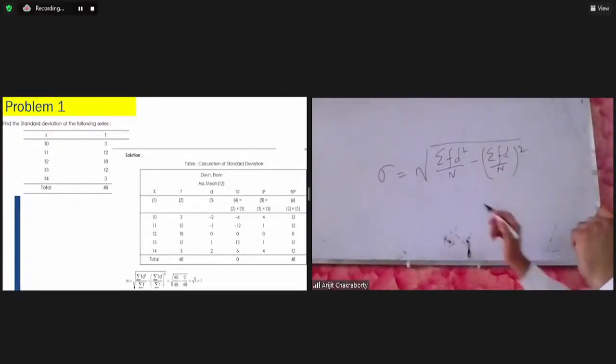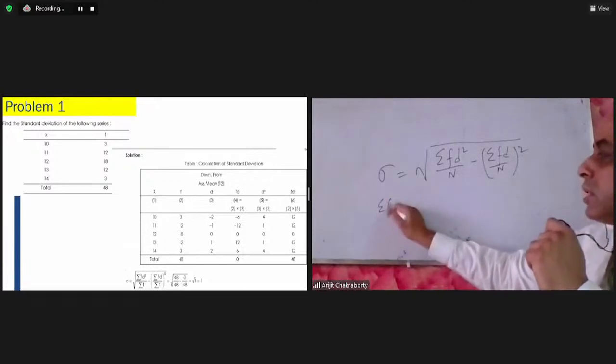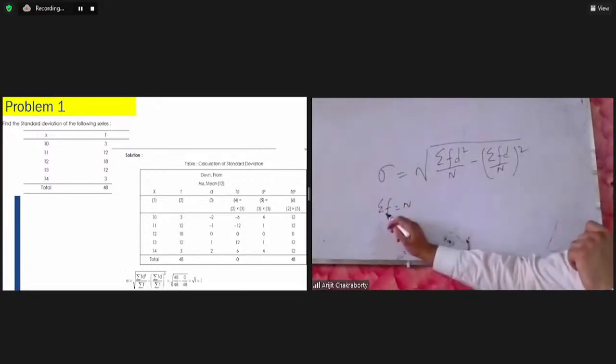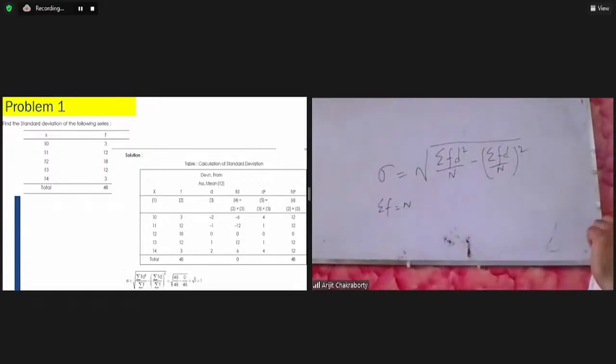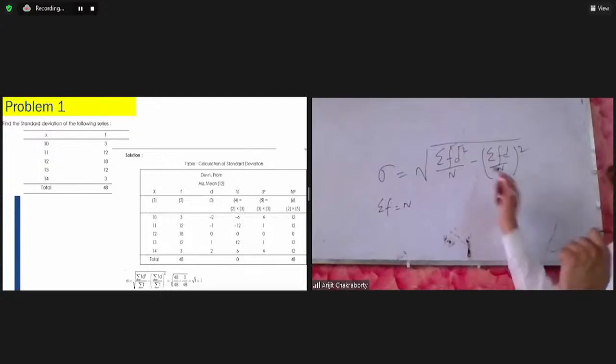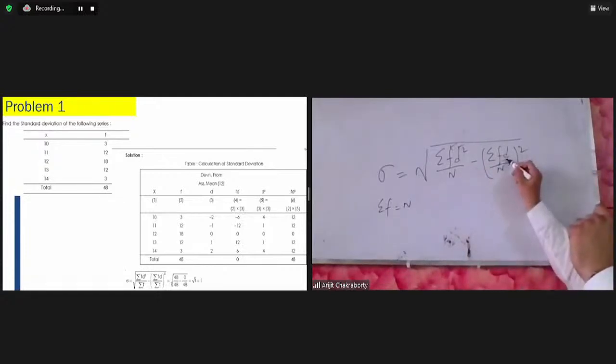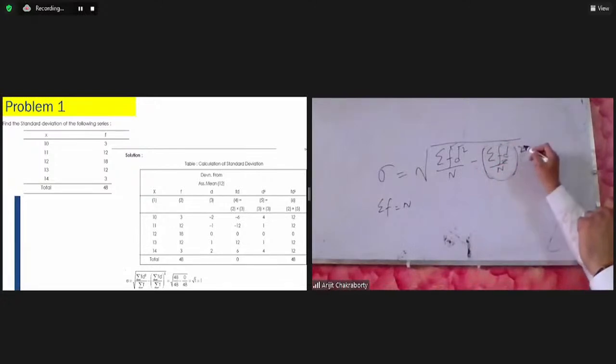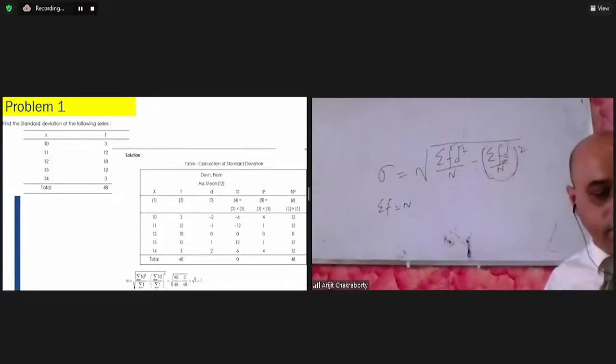Here I have written n. N means sigma f is actually n, the total frequency. Here it is sigma fd square, we have done f and d square multiplication, by n, minus sigma fd, f into d multiplication, the total amount, sigma fd by n, whole square. This part we are squaring.